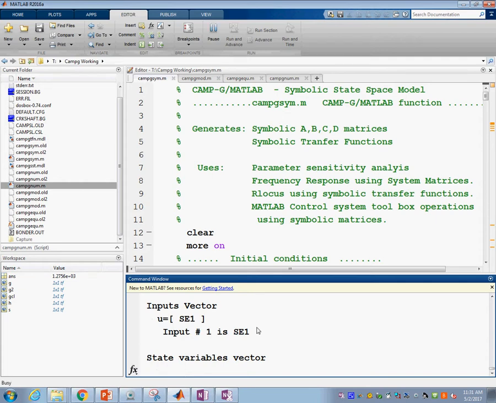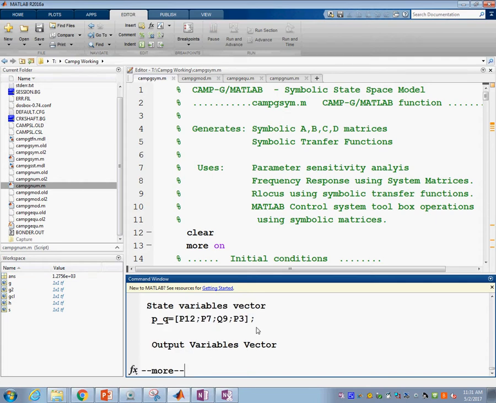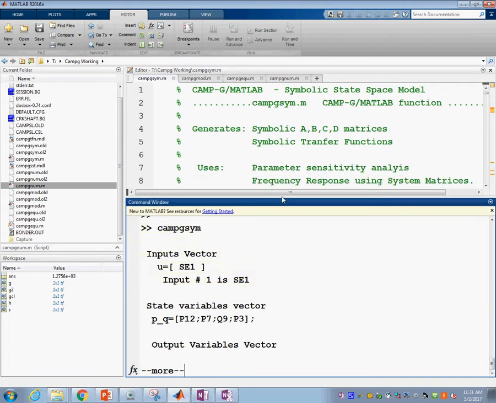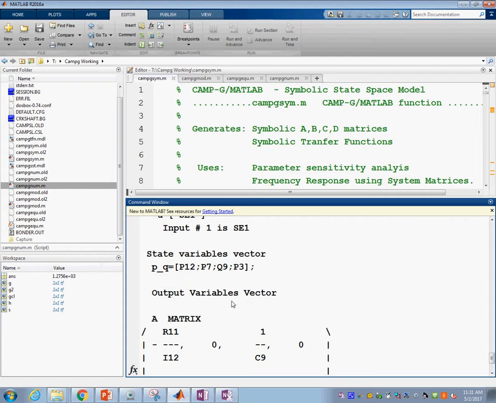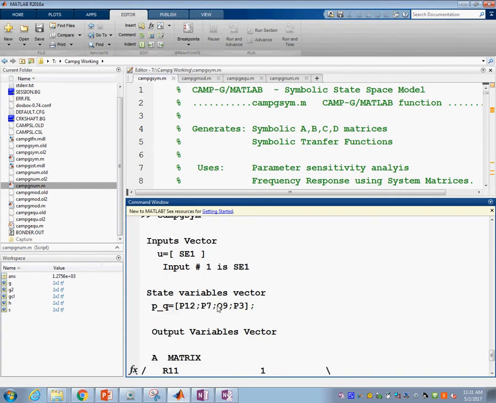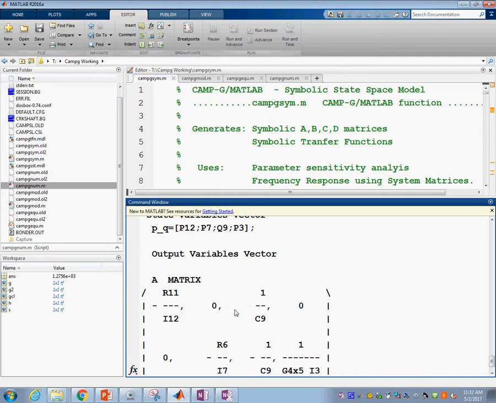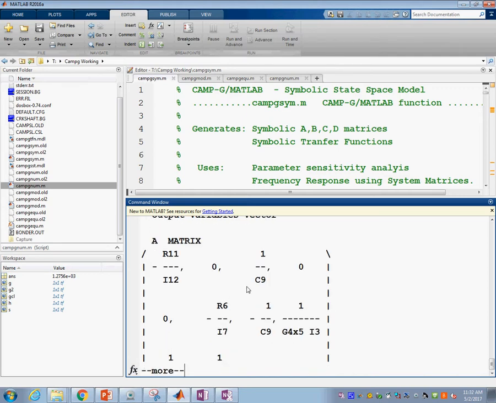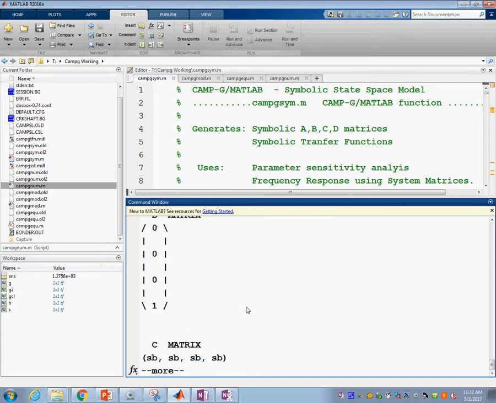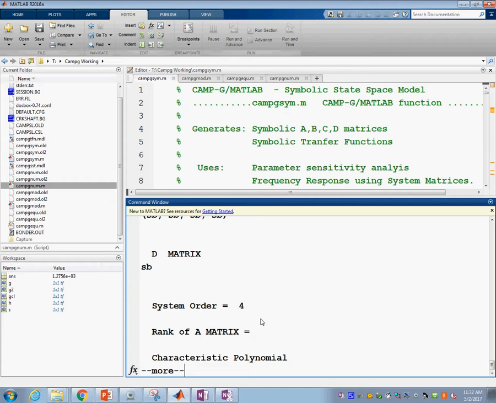First of all, it's telling me what the input vector is, of course, the C1. These are the state variables, this is the vector of state variables. It's telling me what the outputs are. Output variables, we haven't defined yet. So the A matrix, the B matrix, and of course the C matrix is still to be defined.